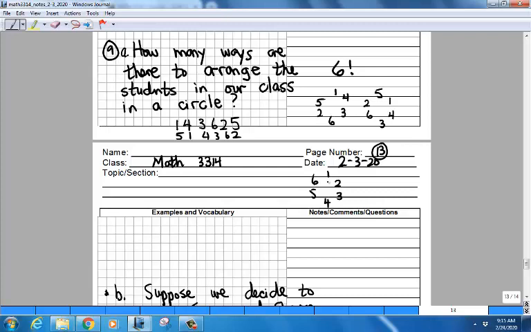By the way, if you had sextuplets and you're putting them in a circle, how many different ways would there be of doing that? Sextuplets means there are 6 identical people, right?